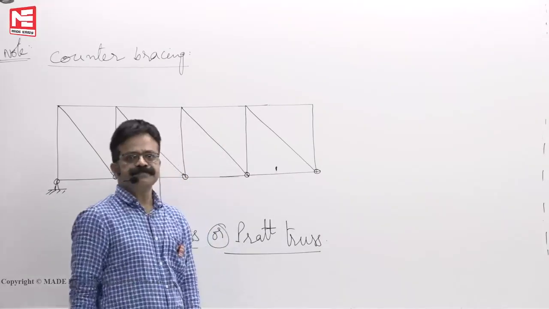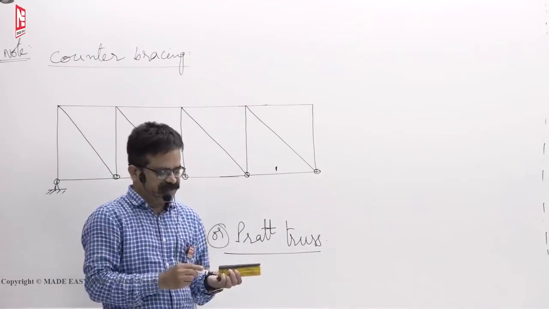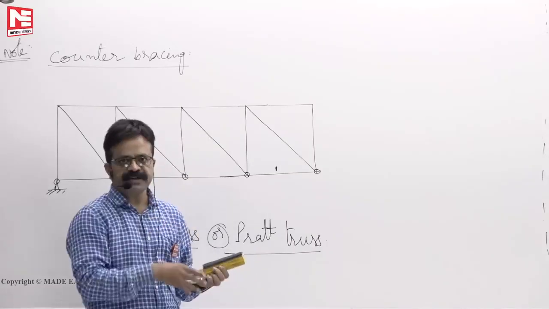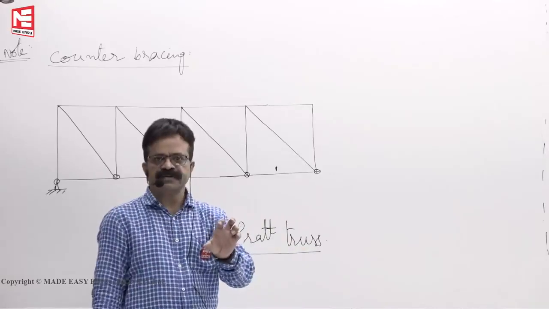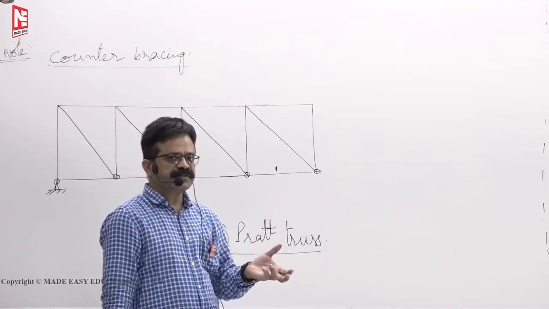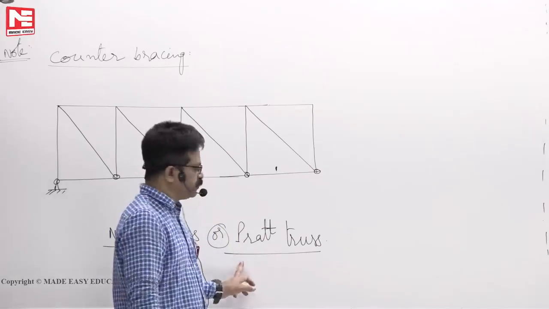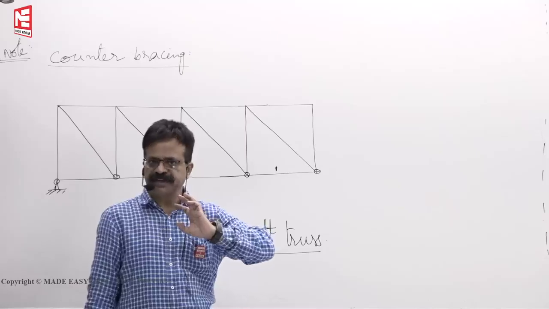Pratt truss. When I explained to you the beam action to truss action, I told you that the beam was replaced with the help of links. The first man who tried to convert beam to truss is Pratt. So that's why this configuration itself is named after him.